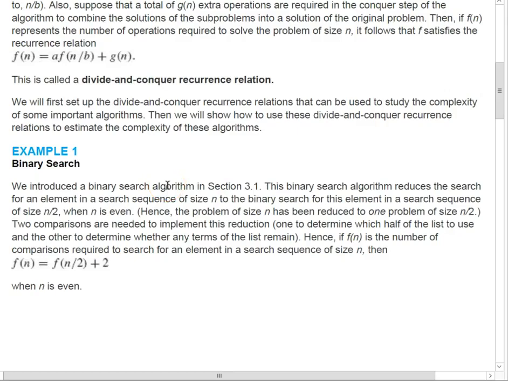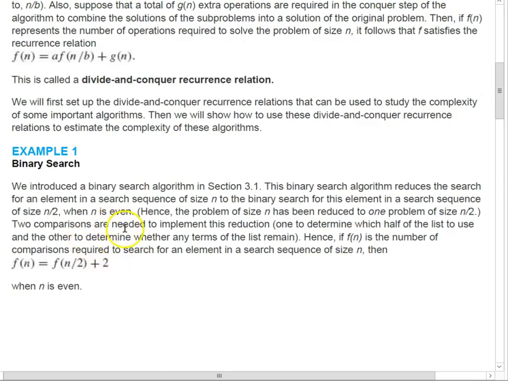This binary search algorithm reduces the search for an element in a search sequence of size n, which is already ordered, to a binary search for this element in a sequence of size n divided by 2 when n is even. Hence, the problem of size n has been reduced to one problem of size n divided by 2.